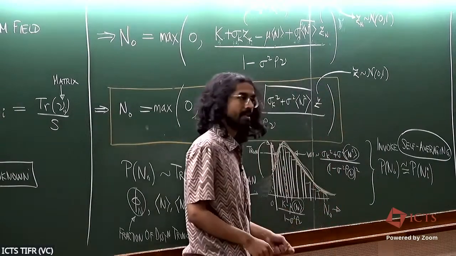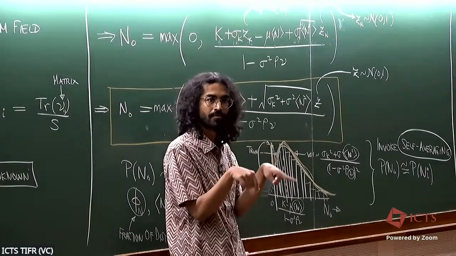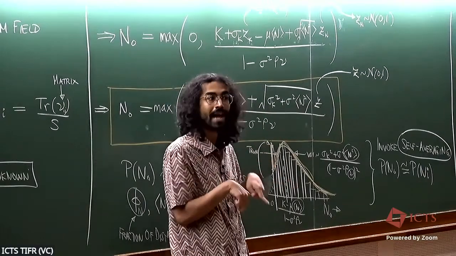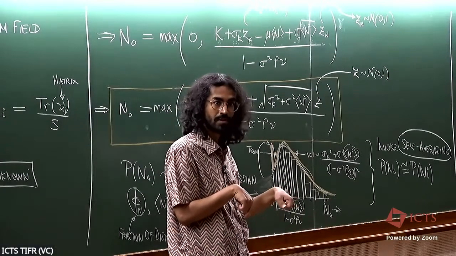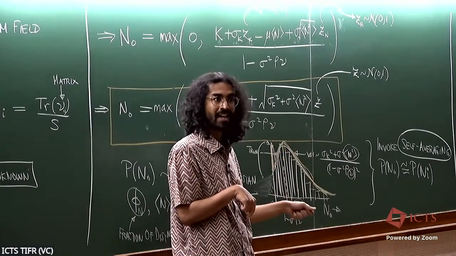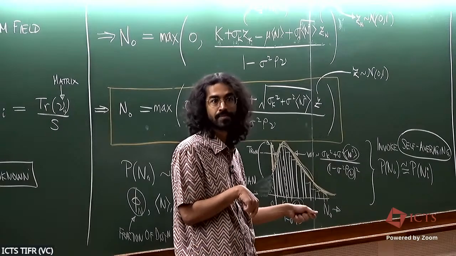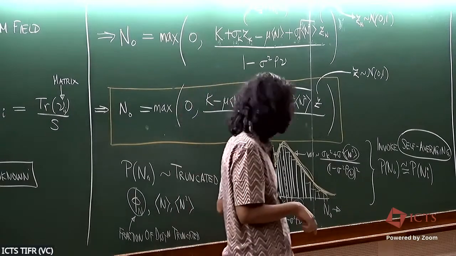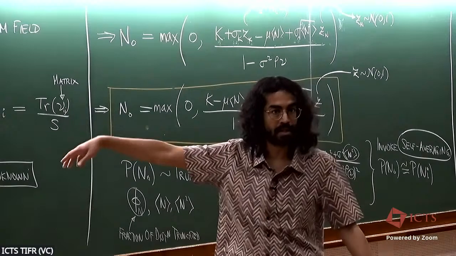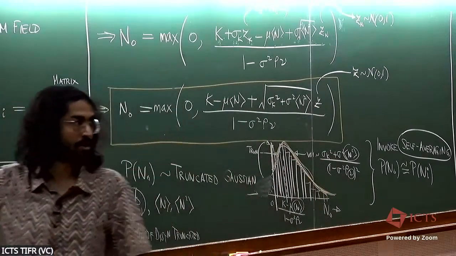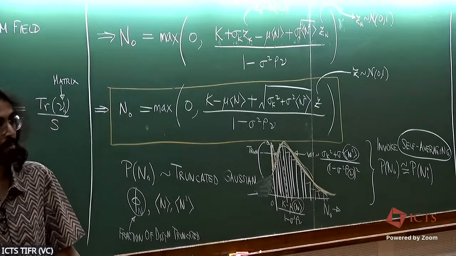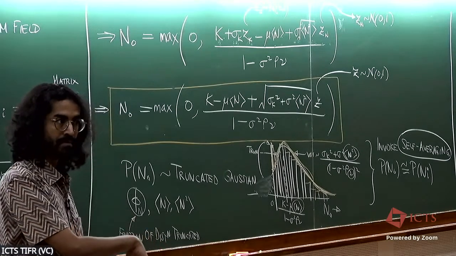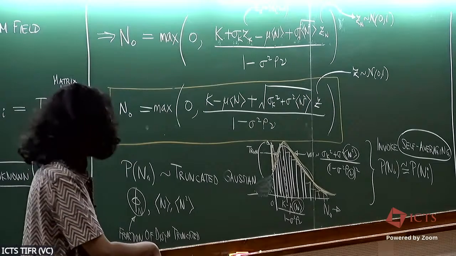You can get these bars from numerics, and now you can actually match what you see from simulations exactly with what you get from this cavity theory. And if all of our ansatzes and our assumptions and our approximations of linear response, et cetera, were all fine, remember we made lots of them along the way, it had no reason to match.